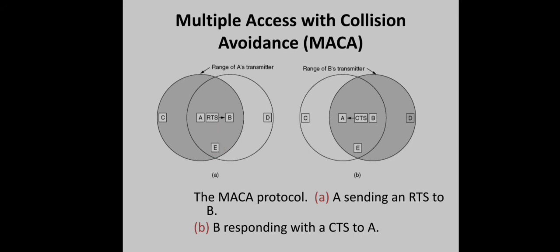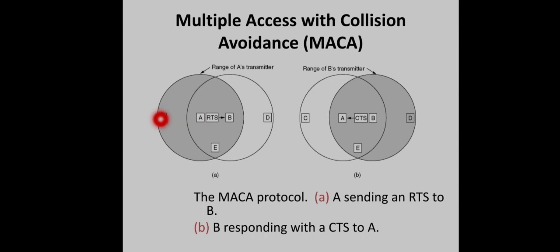Even if so many precautions are taken, there can still be collisions. For example, suppose both C and B try to send an RTS frame to A. Both want to send data, so both of them send an RTS frame. Definitely those two frames will get garbled, and the receiver, A, will not reply with a CTS.